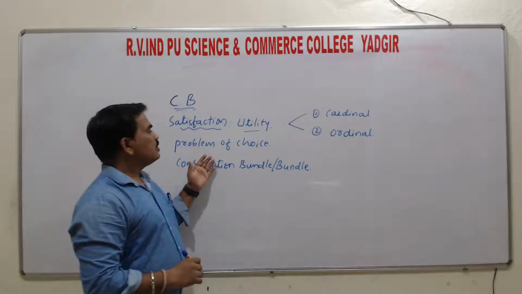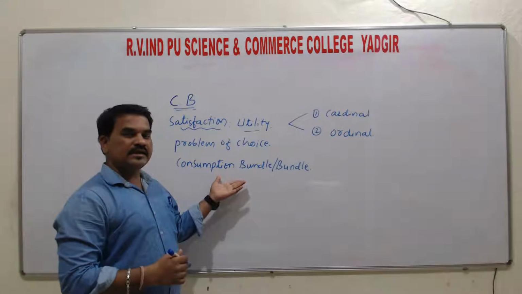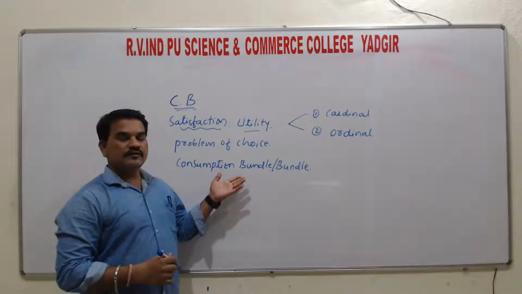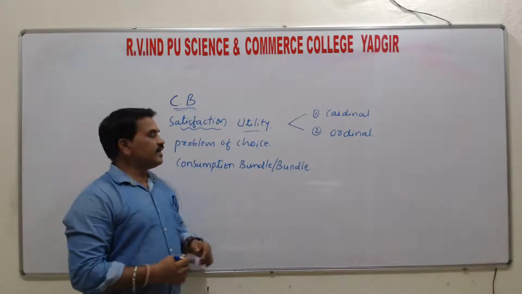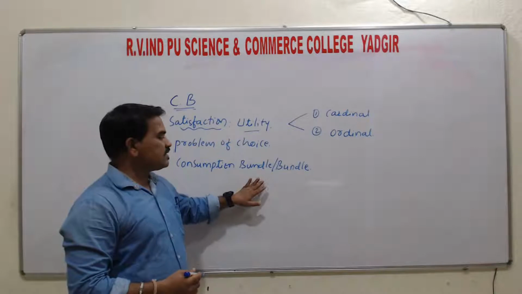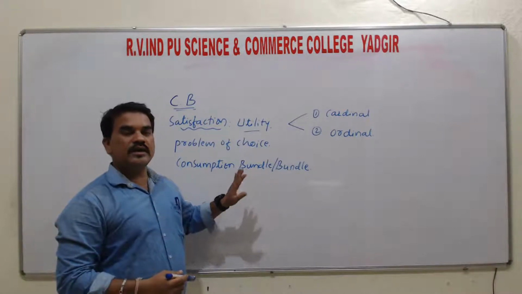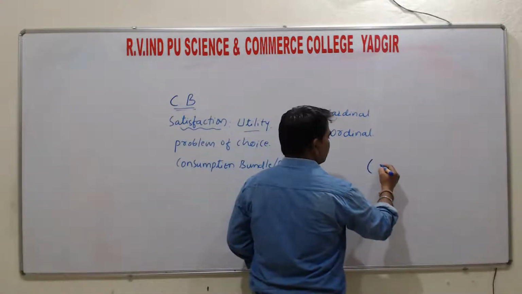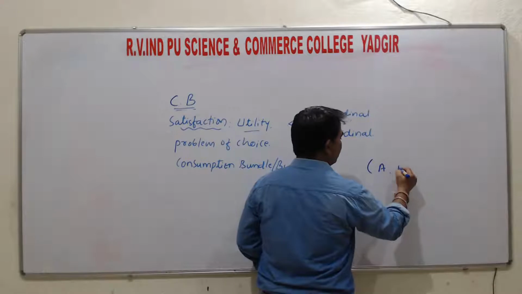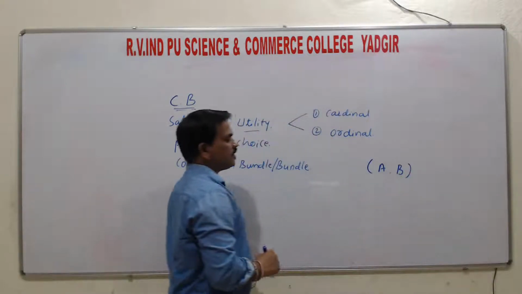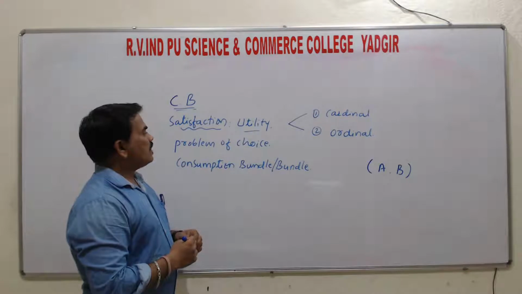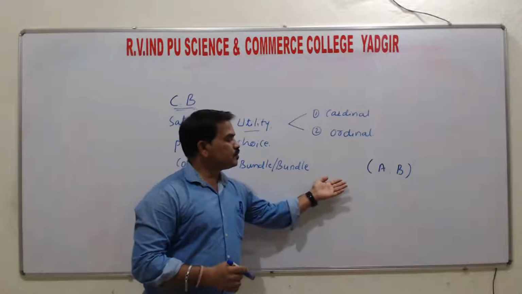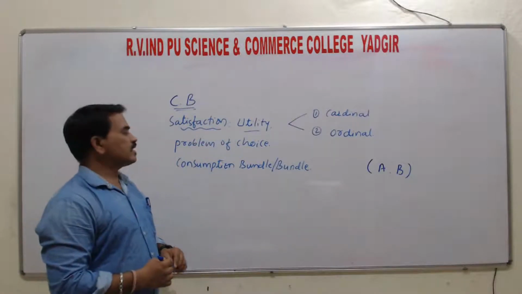So when a consumer has limited income, he has to choose between the goods which are available in the market. And we already discussed that the assumption here is that we have only two goods in the market. Suppose we have only two goods, apple and banana. Having these resources, he has to choose between the goods available in the market.